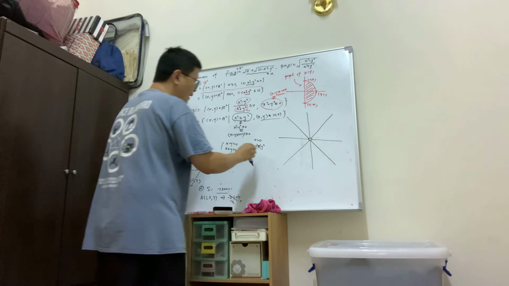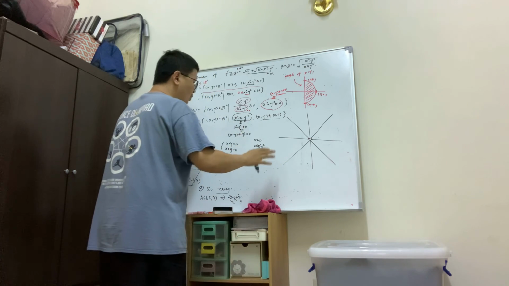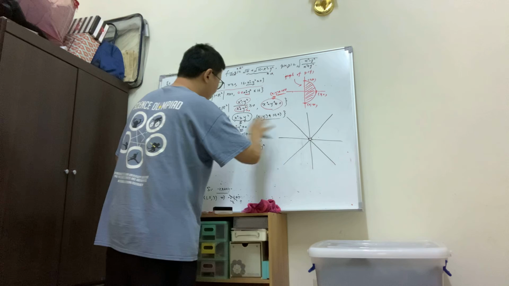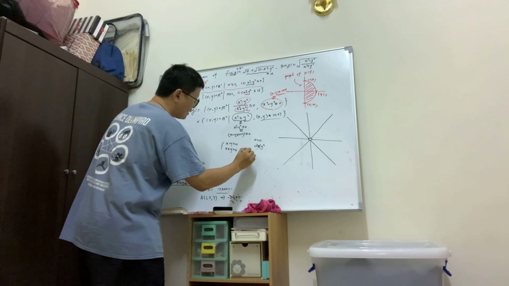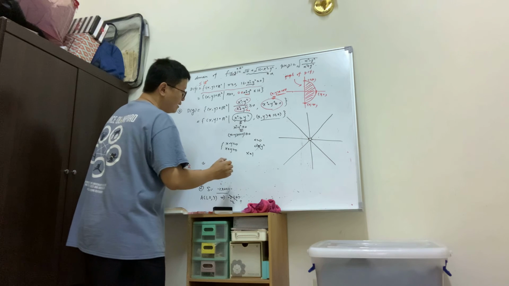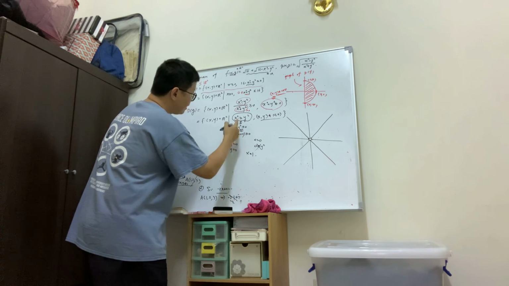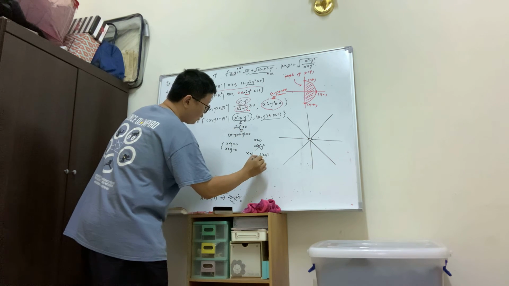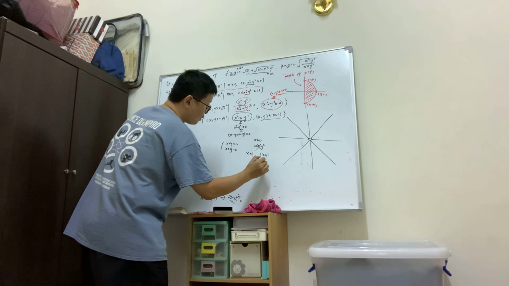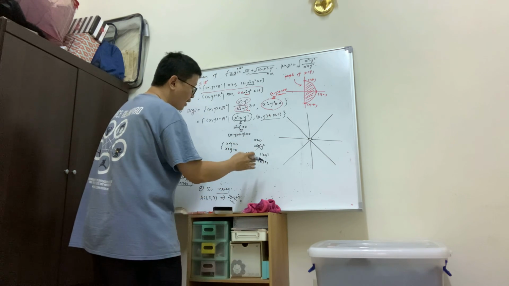You could just check some point to find what region it should have. For example, let x be 1. Then y squared is less than 1, so y is between negative 1 and 1.